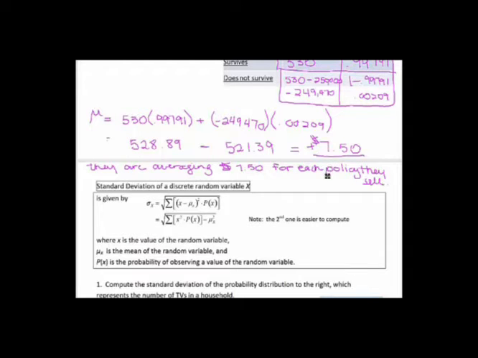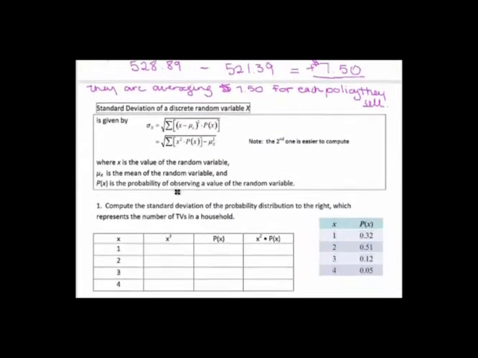So it sounds like they're making a ton of money, but they really aren't. They're just making $7.50. Okay, so now let's go down to standard deviation.